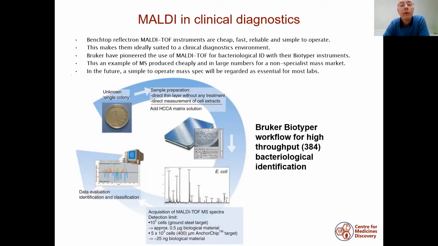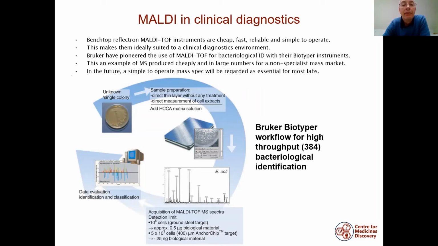What you will see in mass spectrometry is there is a lot of emphasis on very complicated, very expensive mass spectrometry systems suited for research and quantitative proteomics. But I wouldn't necessarily say that is the future of mass spectrometry, because very few labs actually have the money to operate one of these instruments. What Bruker have done is they've gone in the opposite direction.